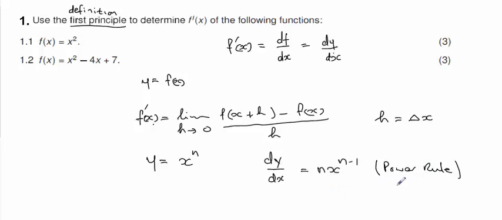And when you get to other functions, we have similar types of rules, or sometimes we've got immediate derivatives, like for example the derivative of a function y equals cosine x. The derivative of that will be y prime equals minus sine of x, which can also be derived via the definition.